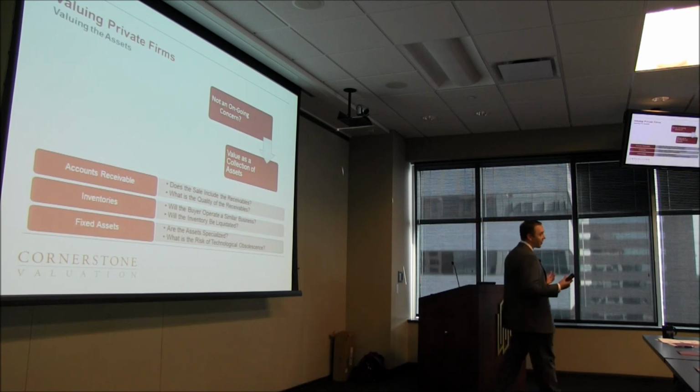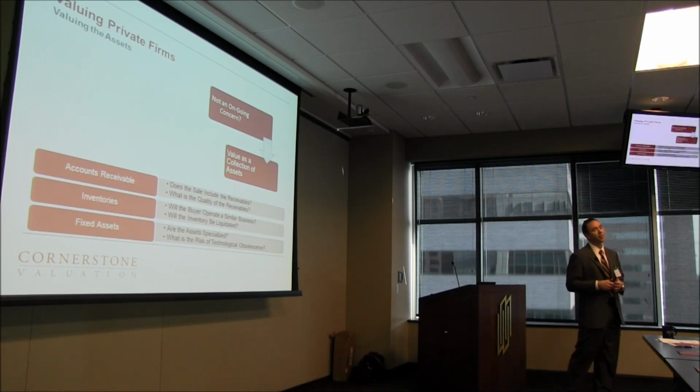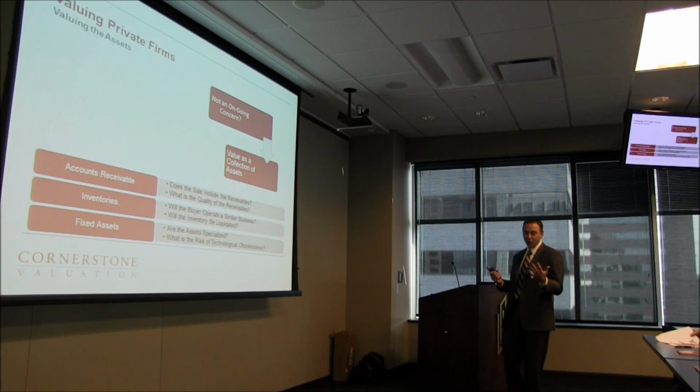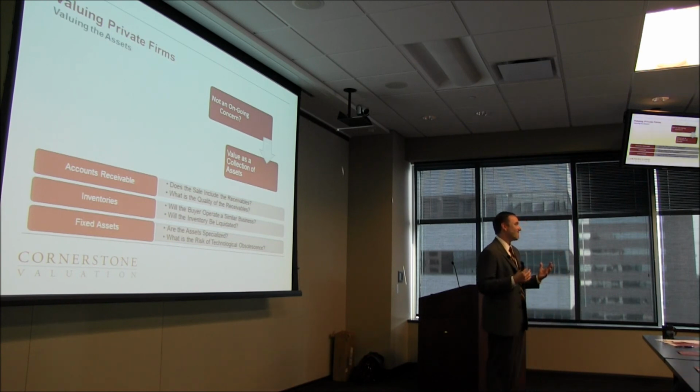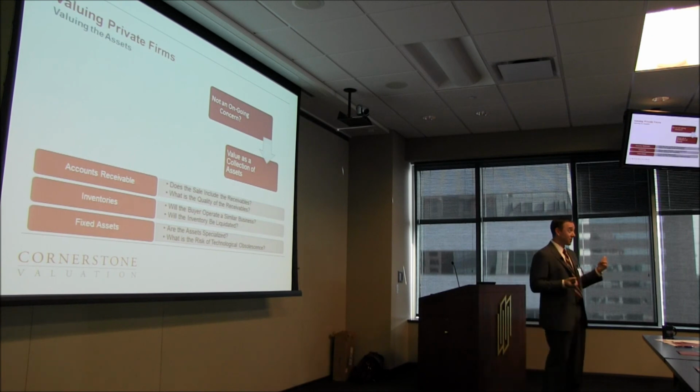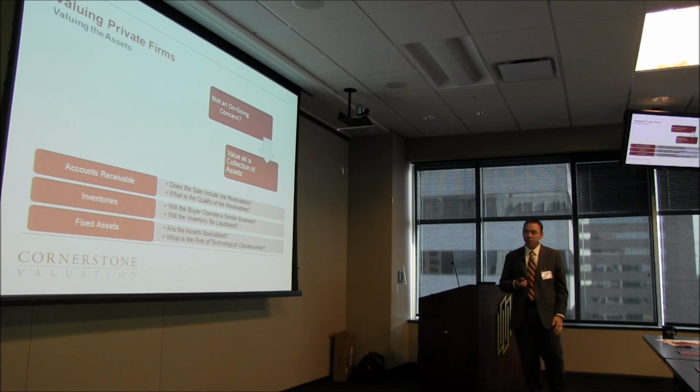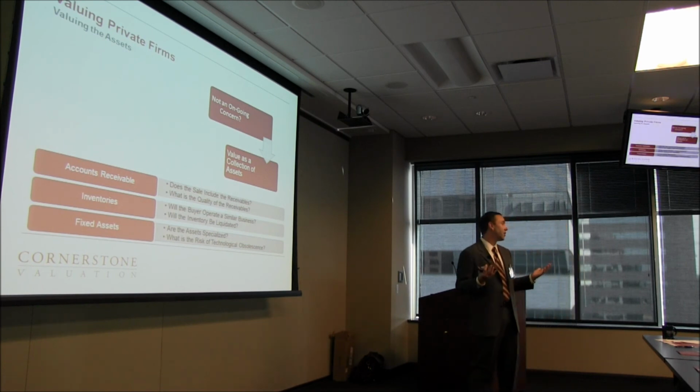So if we do not have an ongoing concern, how do we value the company? Essentially, when you have a situation where an owner has essentially created a job for themselves, that's kind of what we're talking about. All we have is a collection of assets at the end of the day. And so we're going to try to value those assets.